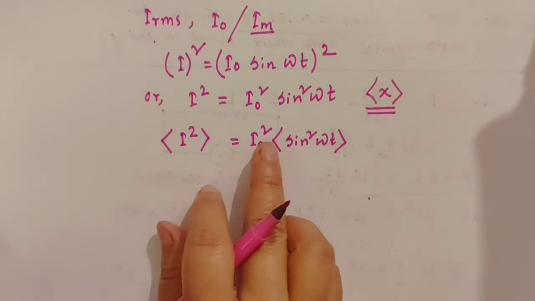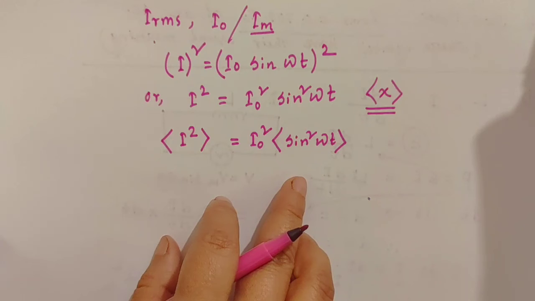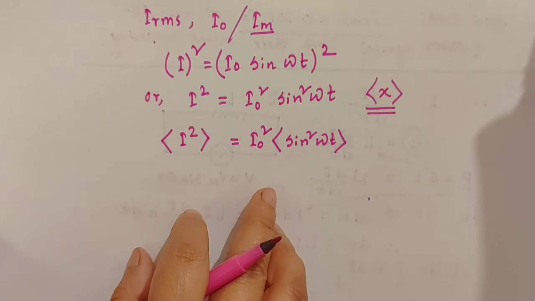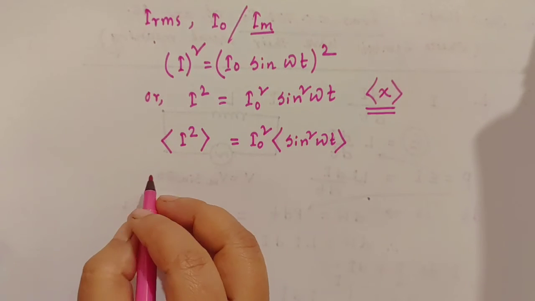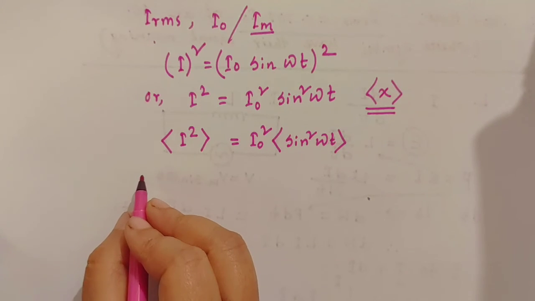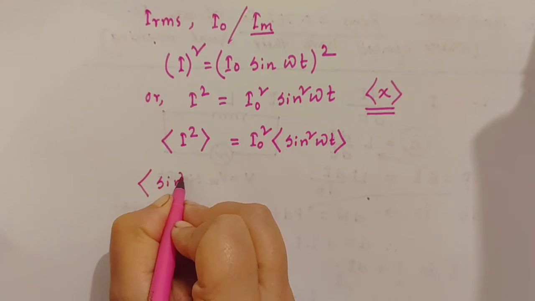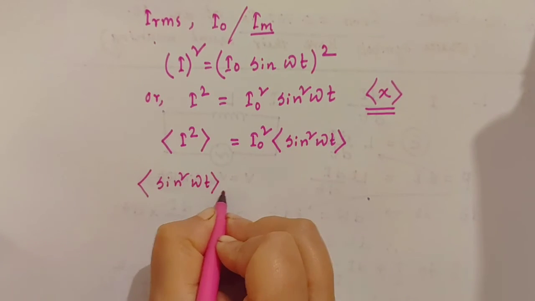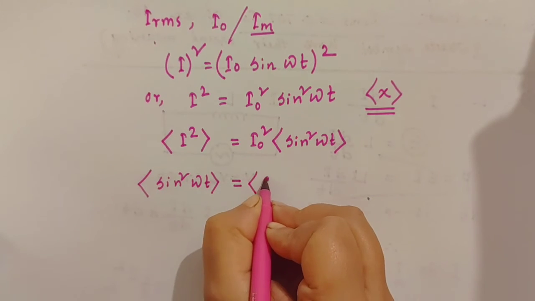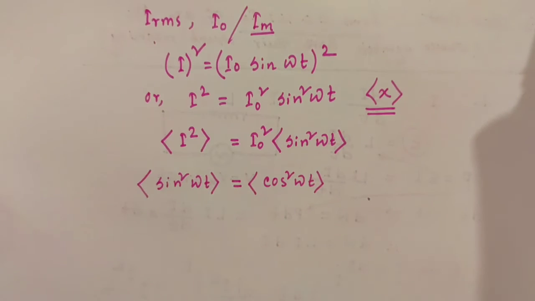Now to calculate the average value of sine square omega t, we know that the time average of sine square omega t is equal to the time average of cos square omega t, when taken over any number of complete cycles.